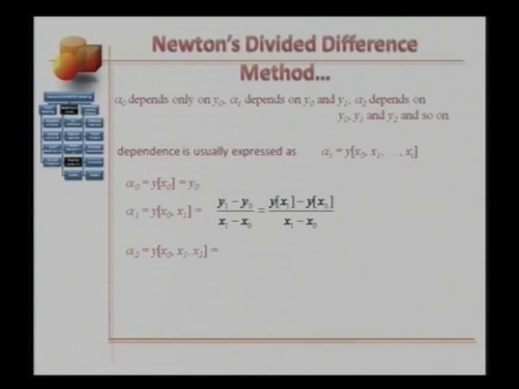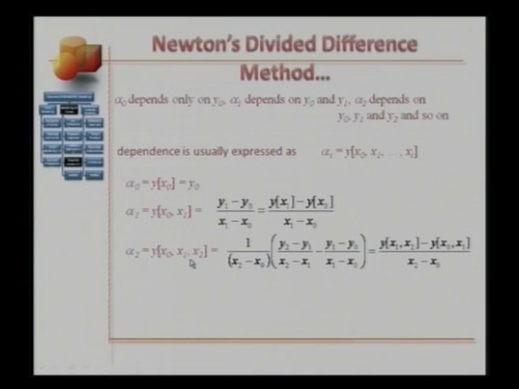And this is equal to 1 over x2 minus x0 times y2 minus y1 over x2 minus x1 minus y1 minus y0 over x1 minus x0. You would note that this is the second divided difference, and these two are the first divided differences. Now try to introduce this notation in this expression right here.